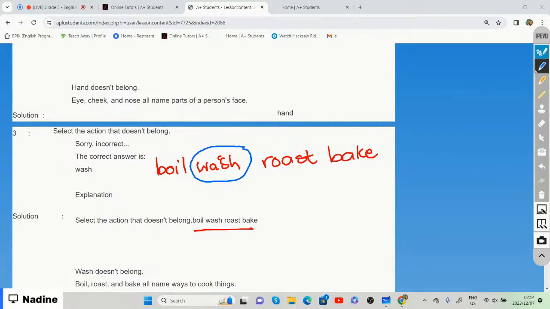So you can boil something, roast something, or bake something. That is why we call them related words, because they are closely related in meaning, kind of similar in meaning, if we should put it like that. So wash doesn't belong there.